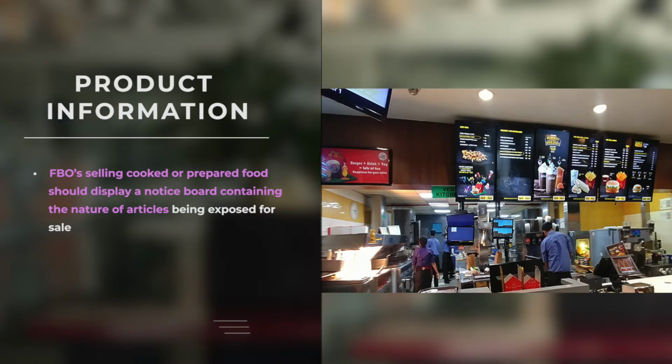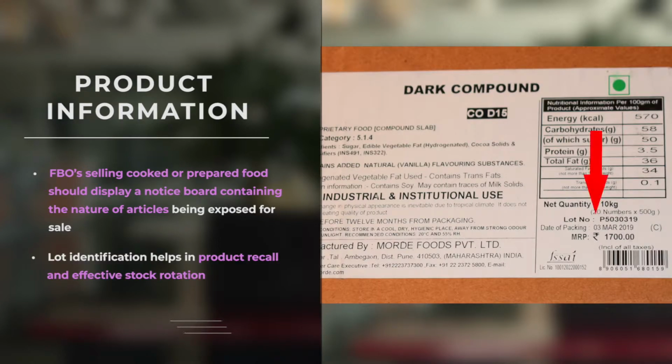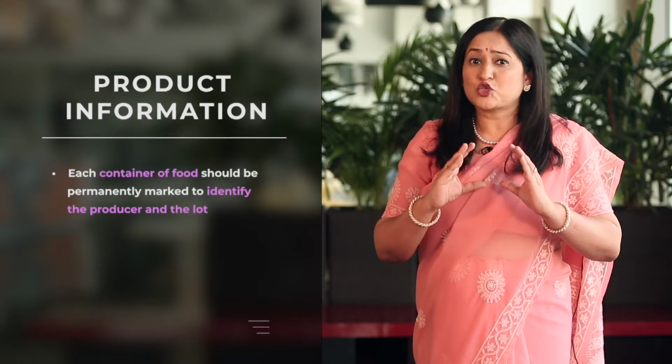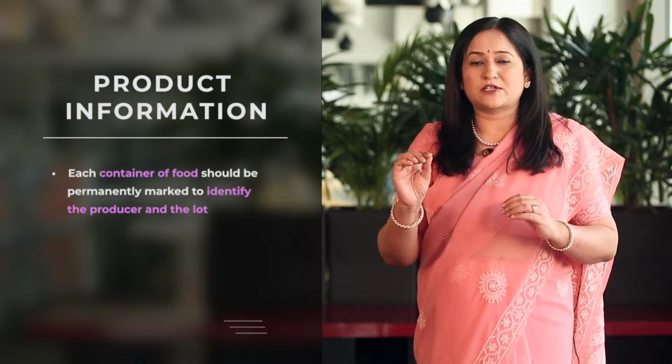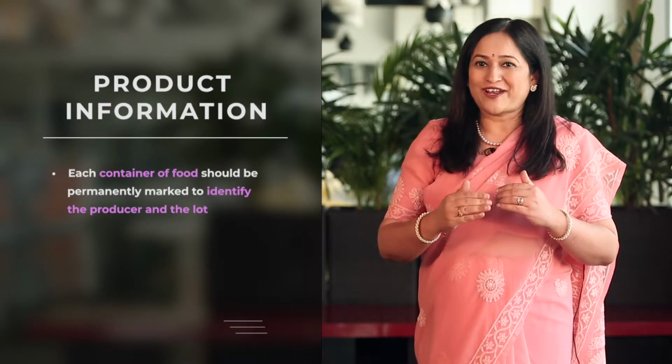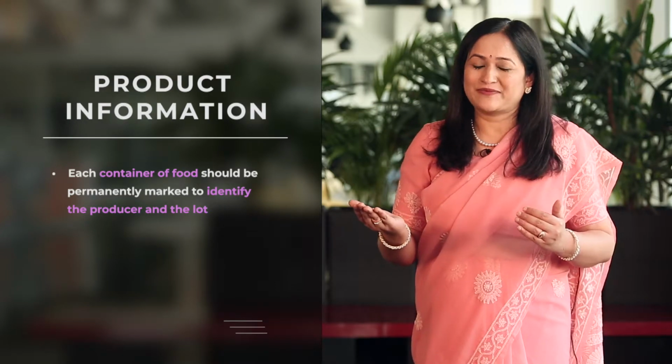The lot identification is essential in product recall and it also helps in effective stock rotation. As such, each container of food should be permanently marked to identify the product and the lot.